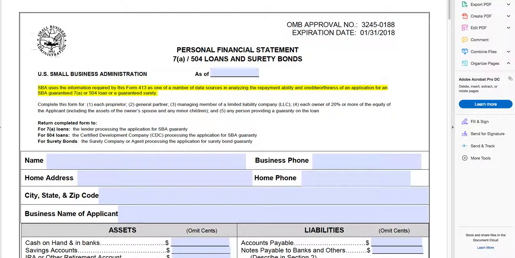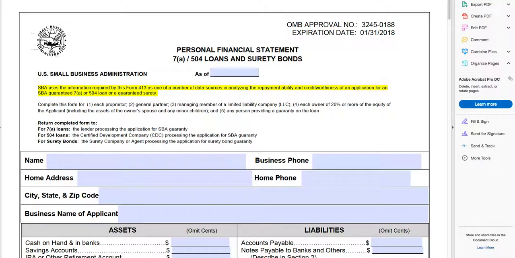And in the next video, we're going to tackle the SBA 1919. But based on how long something like this takes and how much potential paperwork and the same information has to be repeated again and again, with each bank having their own application process and paperwork, it really makes a lot of sense to work with a platform like GoSBA Loans, because what we can do is you fill out one application and we package it exactly how each lender needs to see the loan application.